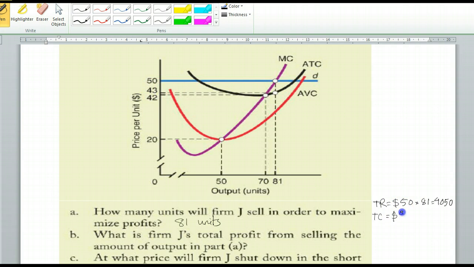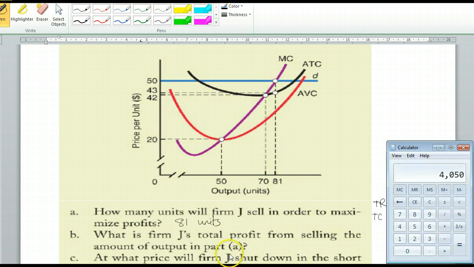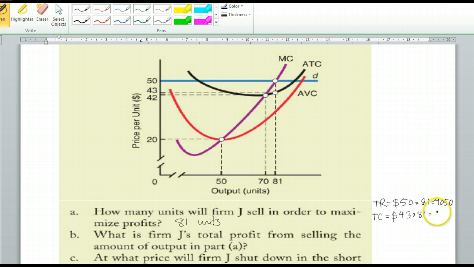So we'll take this $43 and multiply by 81, and if you use a calculator, 43 times 81 would give you $3,483.